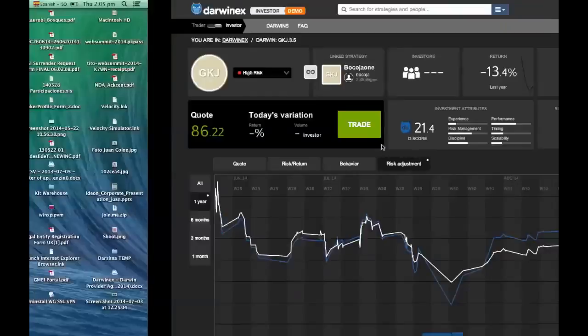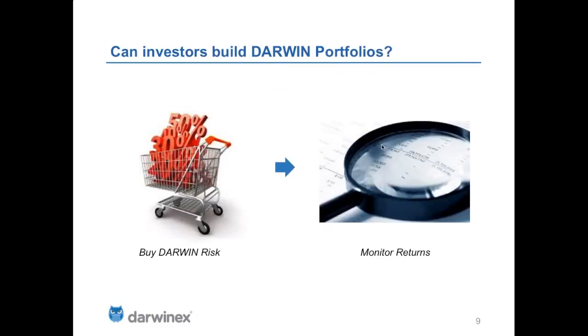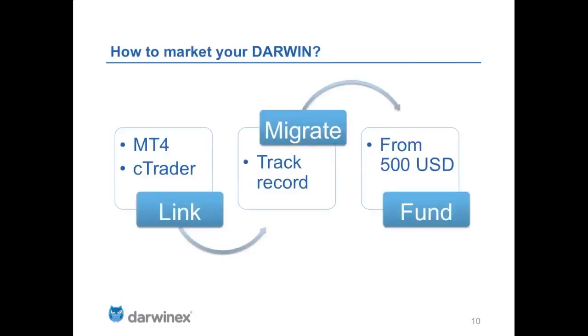So if you're curious about how to market your intellectual property to investors, well, all you need to do is link your existing MT4 or cTrader account to Darwinex. That will allow you to import your existing track record to Darwin-X so that you don't have to start from scratch.